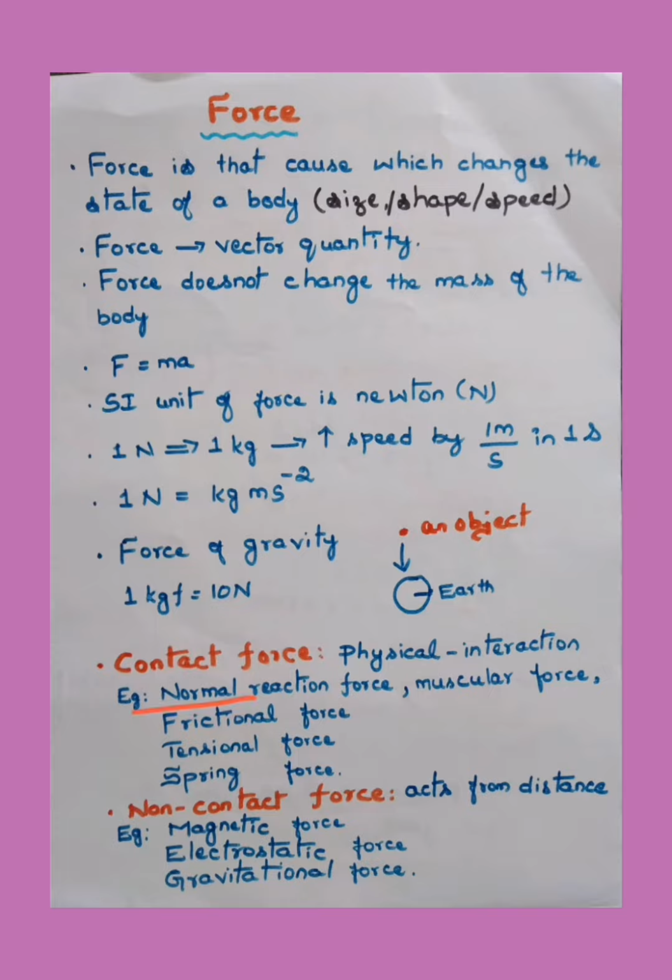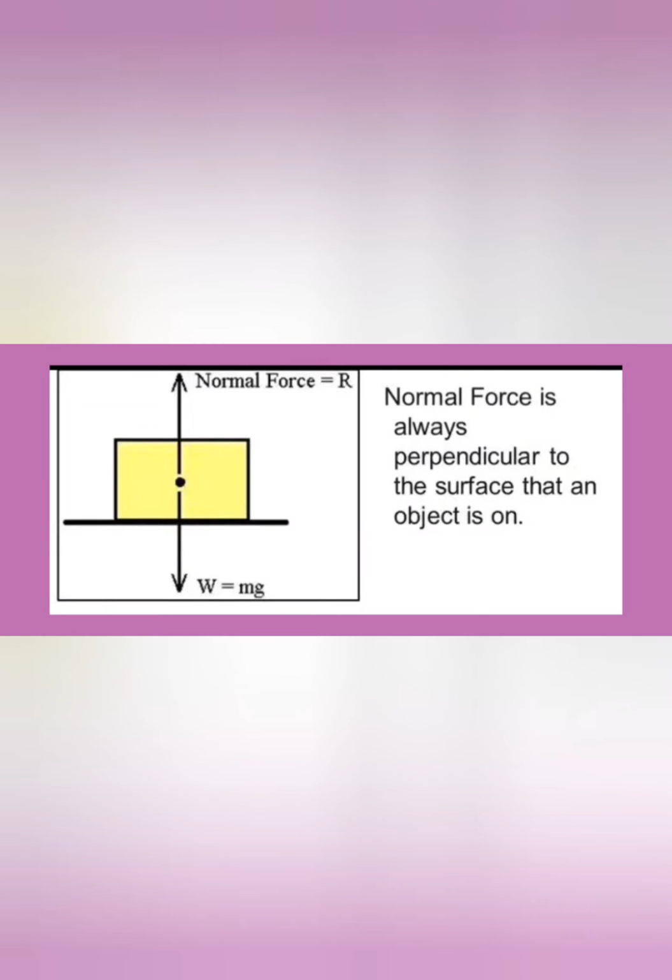Moving on to normal reaction force. Imagine there is an object on a table. This object is in physical contact with the table, it is touching the table. Now there are two forces acting on it.